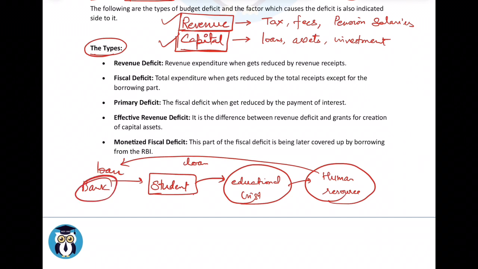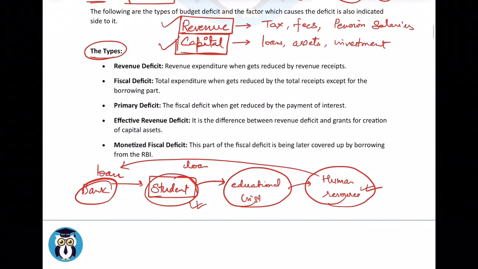In the process, what is happening? An asset has been created. Human resource has been developed. So it will lead to development. So to achieve development, we generally spend more than what we are earning. This is our goal. So there are different kinds of deficits, and we will see what this signifies and what the trends are. That is more important.